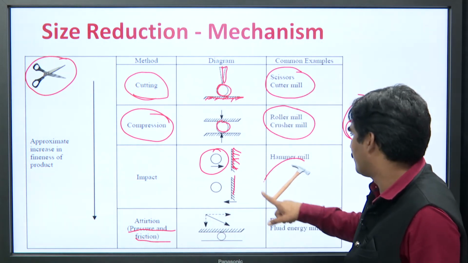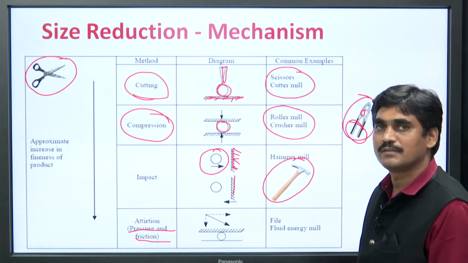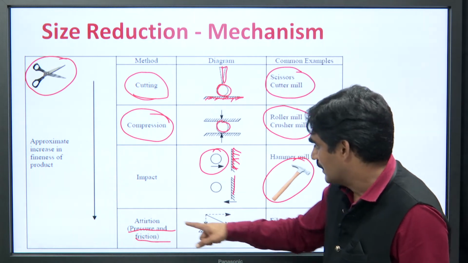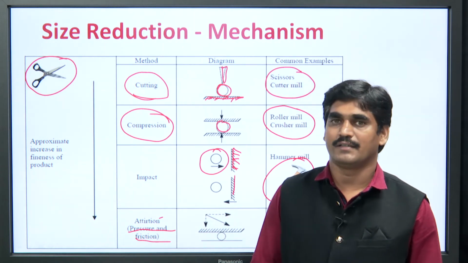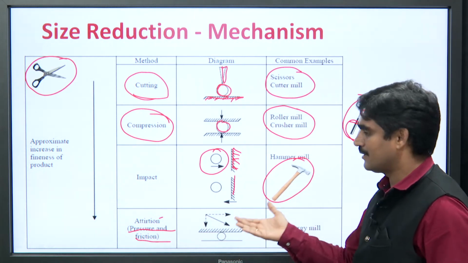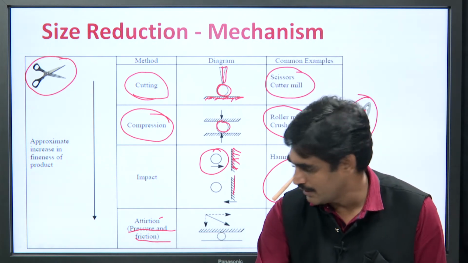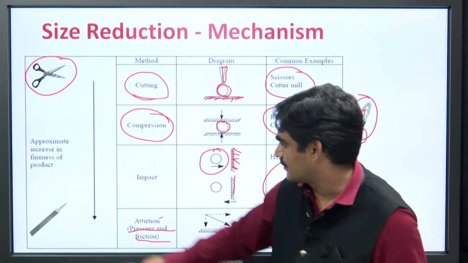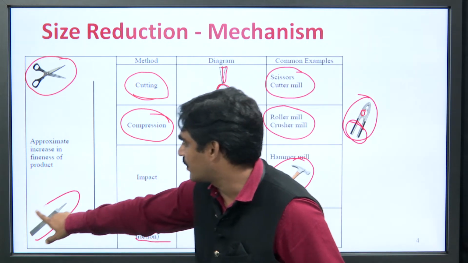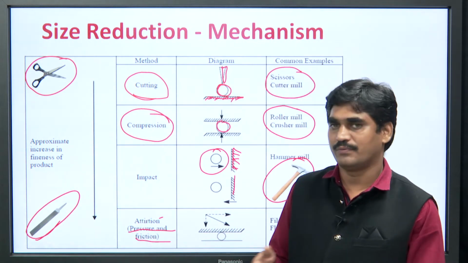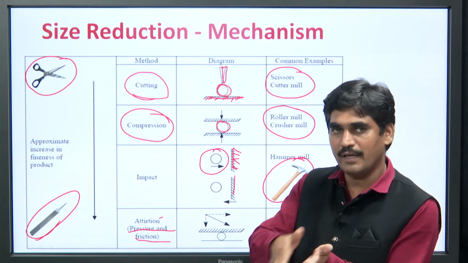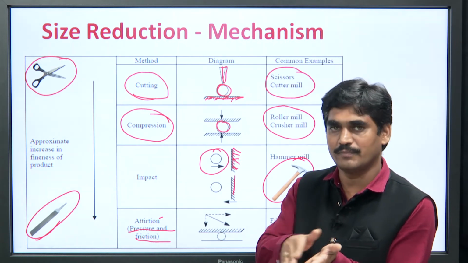This is a diagram of a hammer which can be used for the size reduction of particles. Fourth mechanism is attrition. In this case, pressure and friction both we are applying to the object. Example is this, which is called a file. With the help of this file we are applying force on the surface of the object.